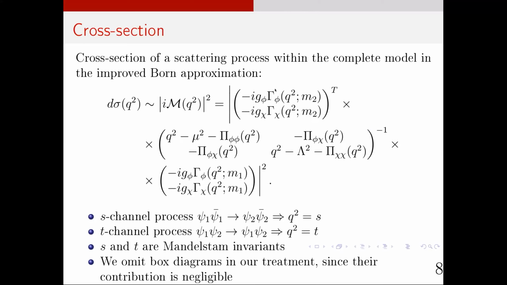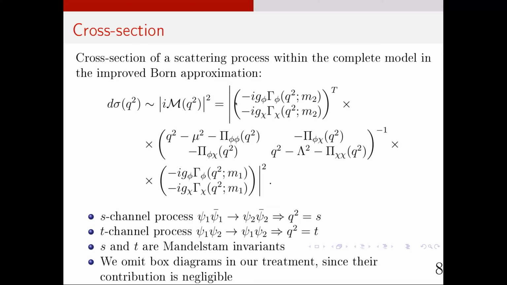Here you can see that gamma phi, gamma phi, and gamma high are Yukawa vertices with loop corrections, and pi phi phi, pi phi high, and pi high high are components of the polarization operator of the scalar fields.